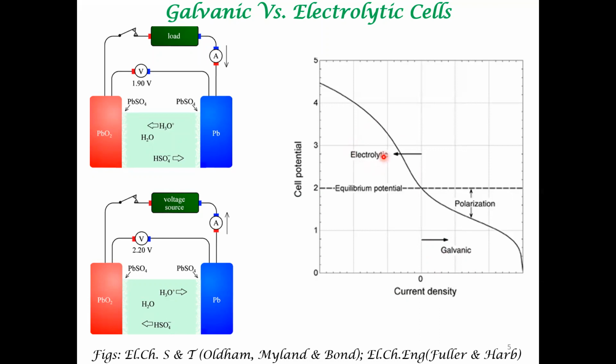Water electrolysis is probably the most common electrolytic cell, which you might have seen, probably done some experiments in your high school. In water electrolysis, you impose an external voltage; the equilibrium voltage is 1.23.